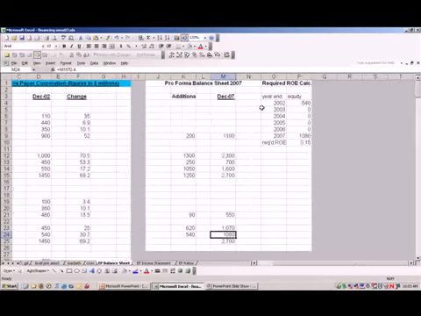The required ROE calculation is actually a calculation of an internal rate of return. The firm is going to invest $540 million in the year 2002, and it wants to come out at the end of 2007 with $1.08 billion.